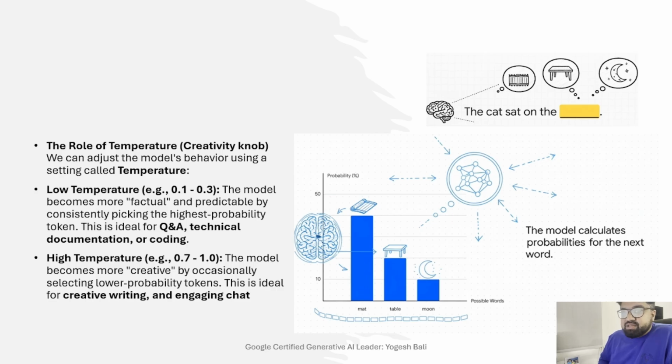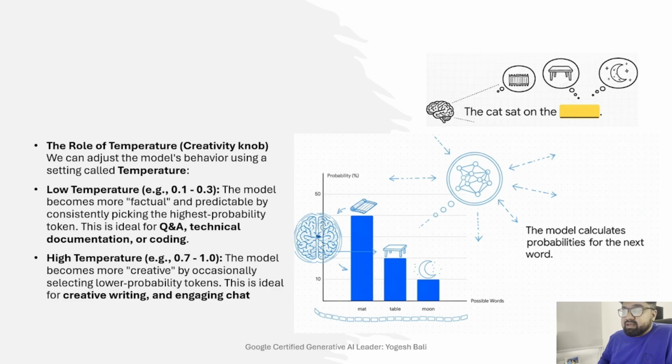So if my temperature knob is at a lower value, that means the high probability token will be picked. So here mat is the token or word which has the maximum probability, so the LLM will pick this word mat: the cat sat on the mat. If my temperature is high, that means my model may pick the word or token which has the lowest probability.